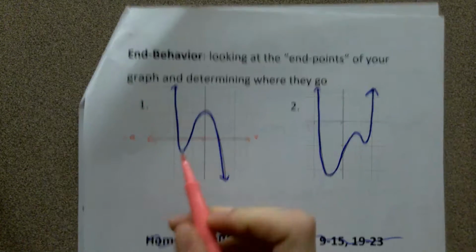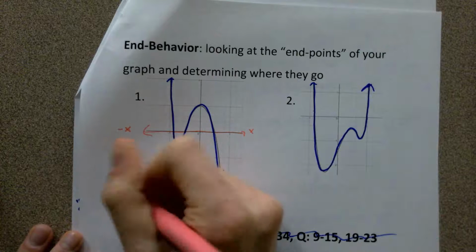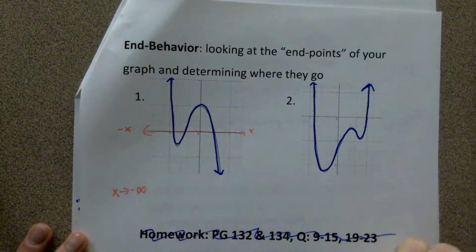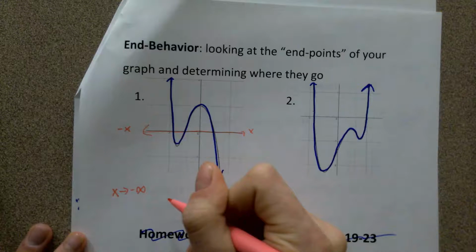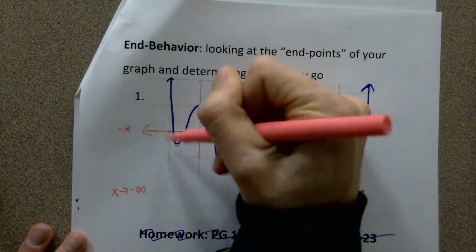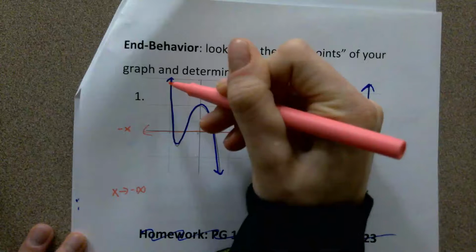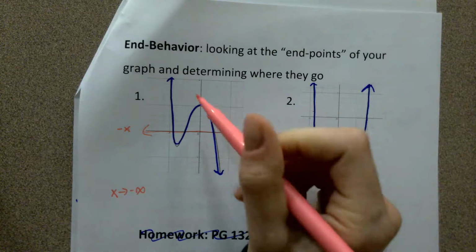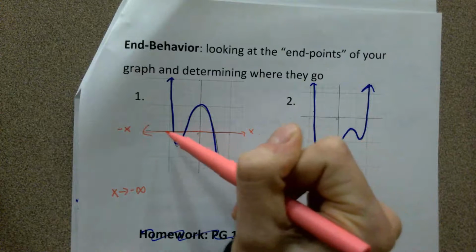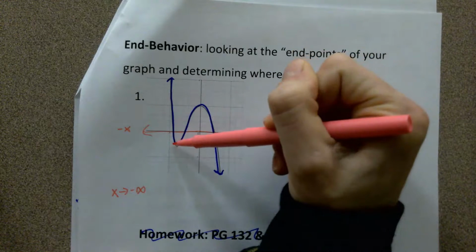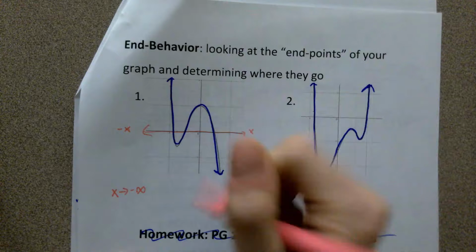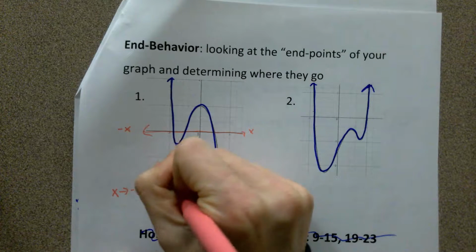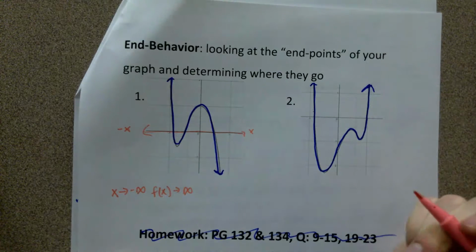As x is approaching negative infinity, what is f of x doing? Well, f of x is going up, right? It's somewhat like domain and range. So as I move more negative, my f of x is going up. So as x approaches negative infinity, f of x is approaching positive infinity.